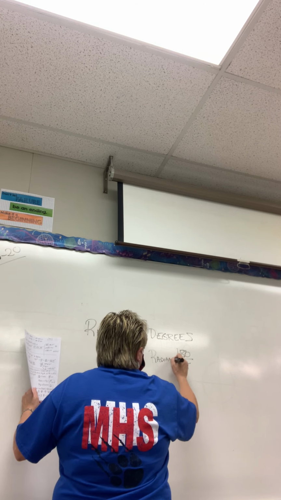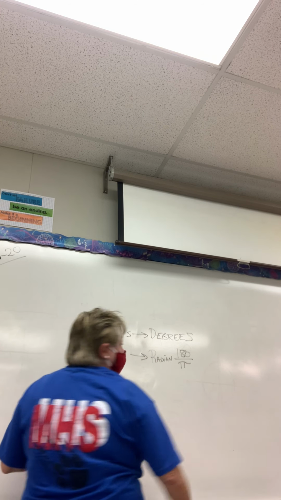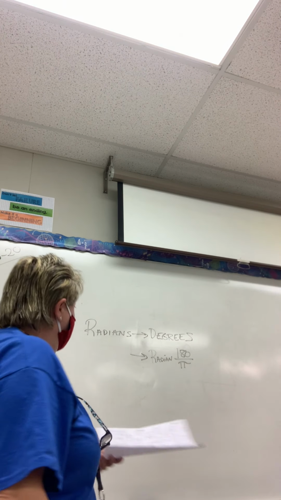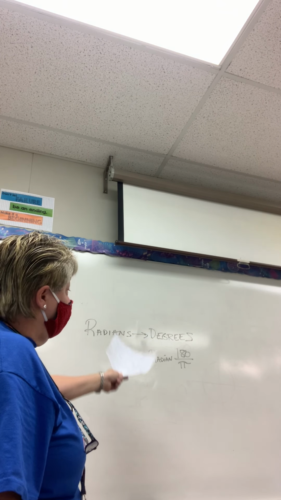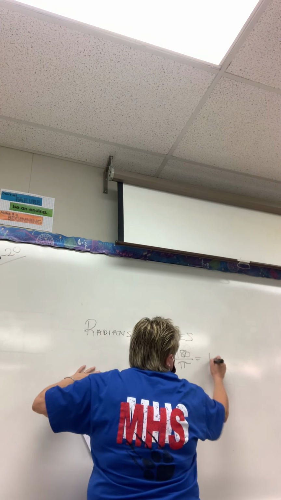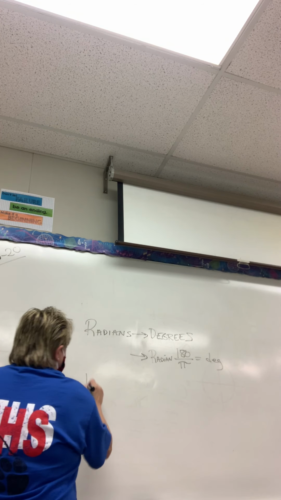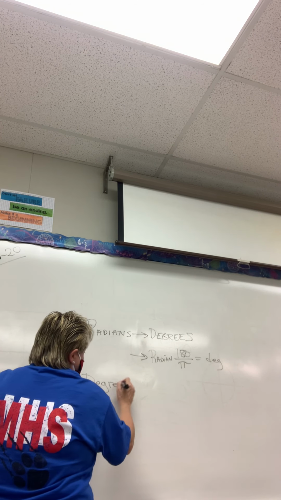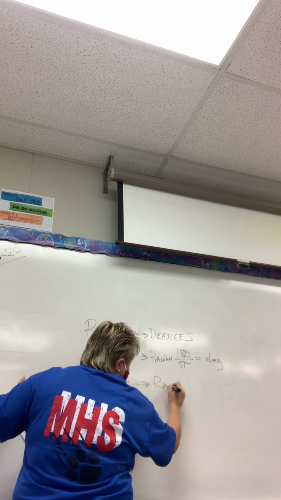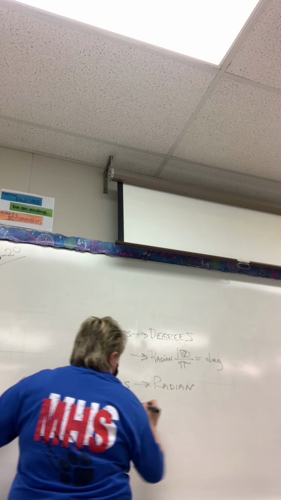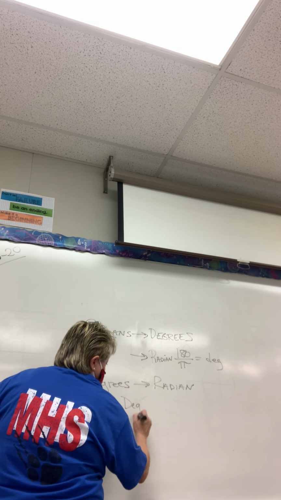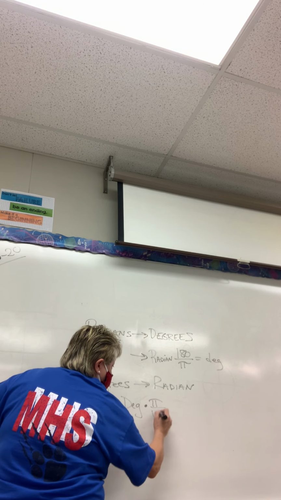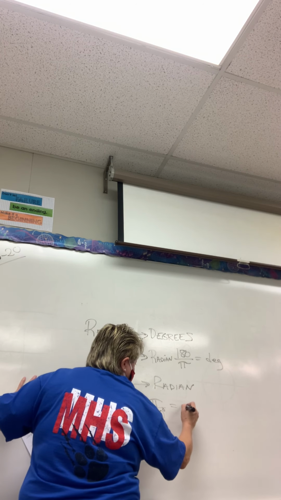That's why I don't like videoing, because never fails I write something down wrong. If I have degrees and I want it to be a radian, then I take the degree times pi over 180, and that'll give me the radian.